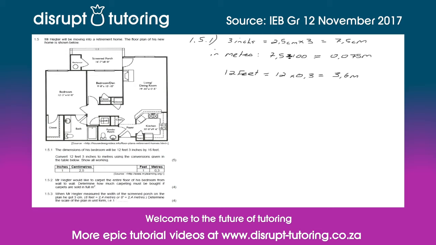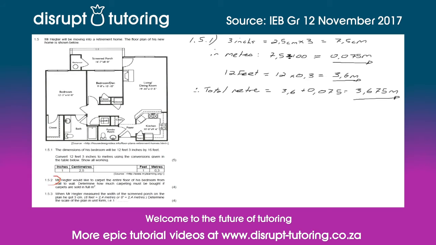Therefore, for the total meters, we need to sum those two values up. So the total meters will equal 3,6 plus 0,075, which will equal 3,675 meters. That's the final answer for that question.